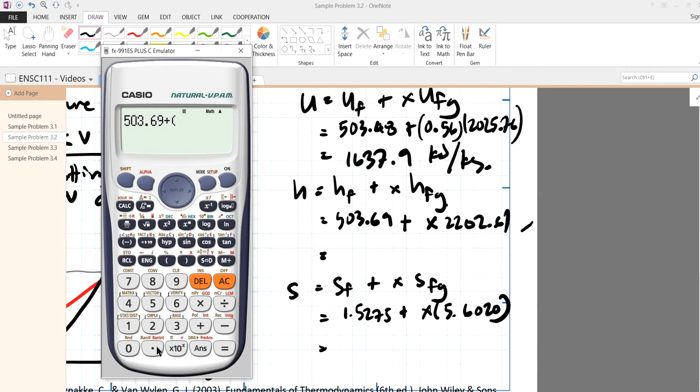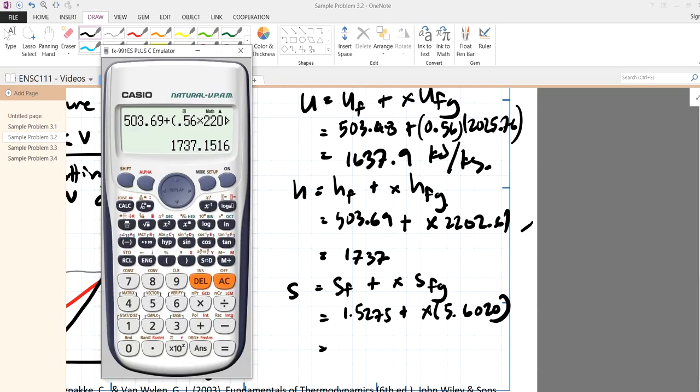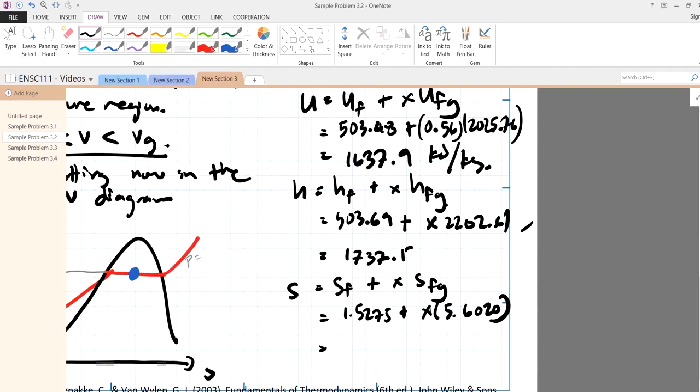It's 0.56 times 2202.61, which is equal to 1737.15 kilojoules per kilogram.